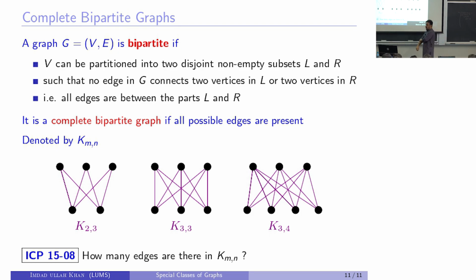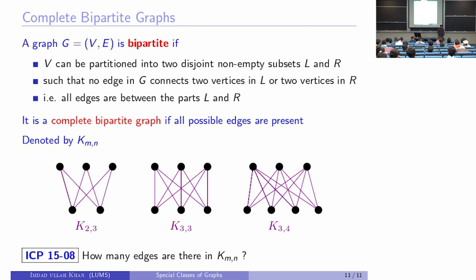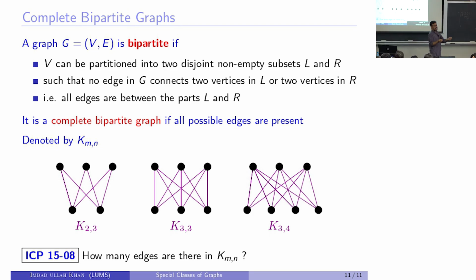So the question is, how many edges will be there in Kmn? What is K sub mn?